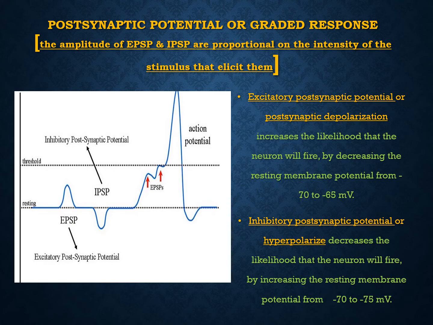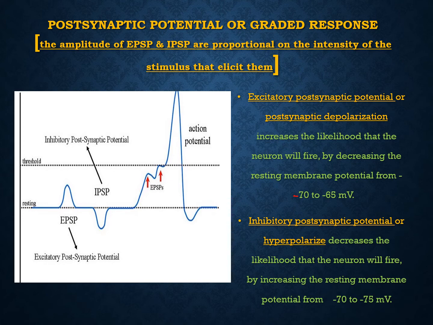So that's why the postsynaptic potential is also known as graded response. Excitatory postsynaptic potential, also known as postsynaptic depolarization, increases the likelihood that the neuron will fire again by decreasing the resting membrane potential from minus 70 millivolt to minus 65 millivolt.